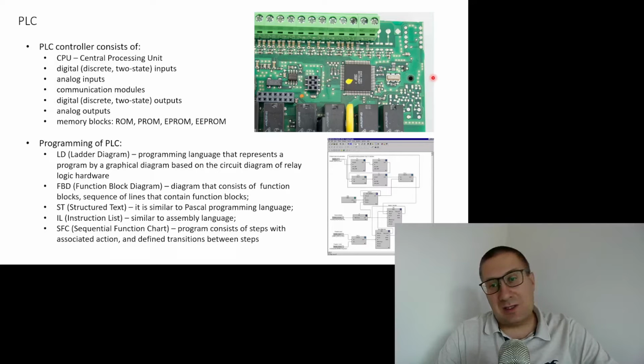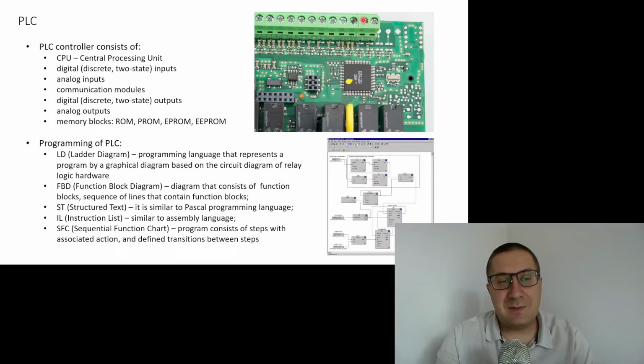What differs such a PLC controller from a standard PC is that we have a lot of external pins, inputs and outputs, where we can plug the cables from our sensors and actuators.